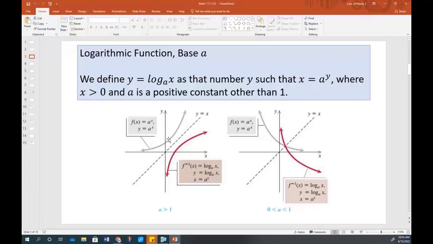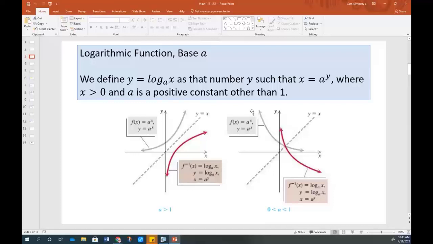If you look at this, the gray one shows you what an exponential growth looked like. If you reflect that over the line y equals x, which an inverse is always a reflection over, you'll get this red one. And this one is what the graph of the logarithm looks like.